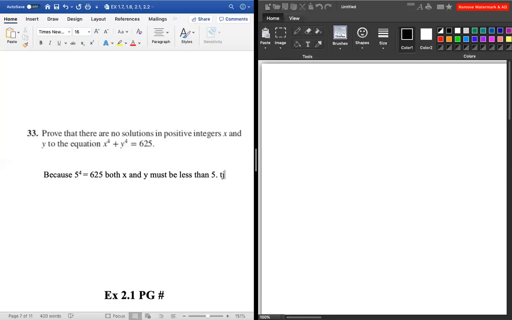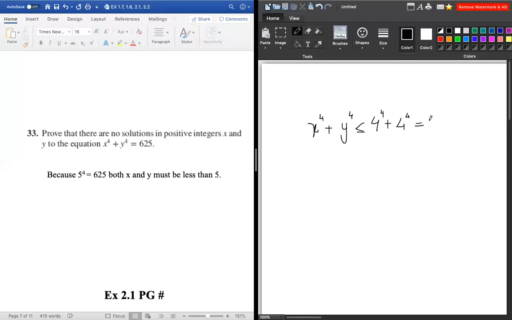Then x to the power of 4 plus y to the power 4 is less than or equal to 4 to the power 4 plus 4 to the power 4, which is 512, and that is less than 625.